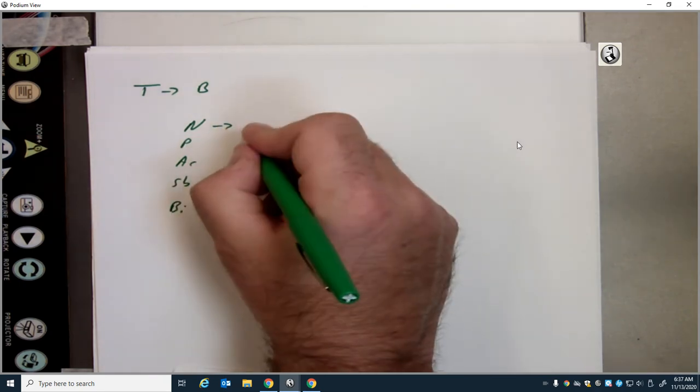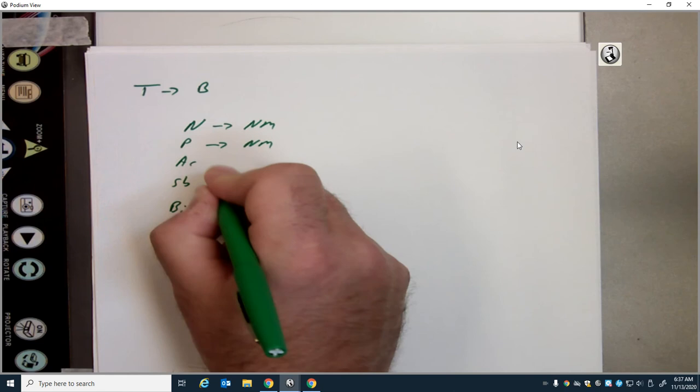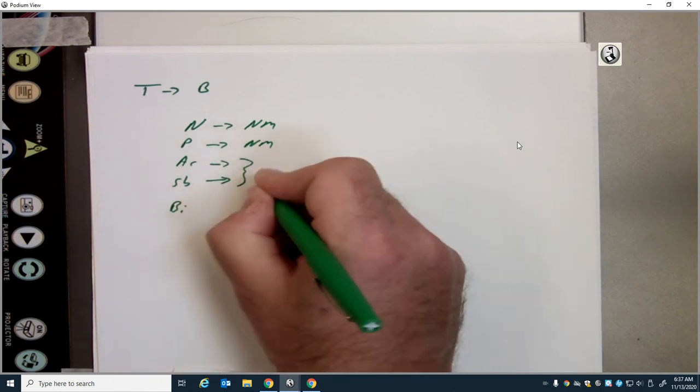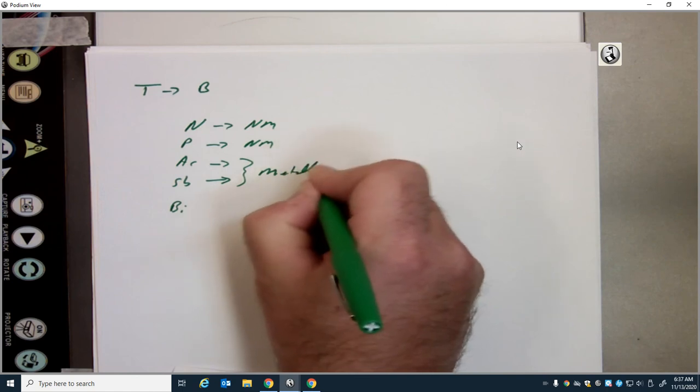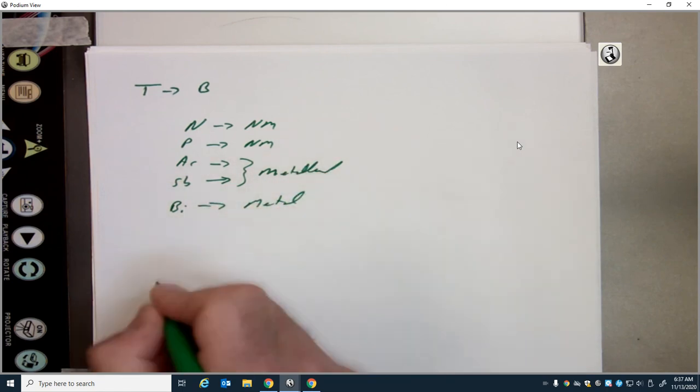Nitrogen is a nonmetal, this is a nonmetal, these two are metalloids, and finally, this is a metal.